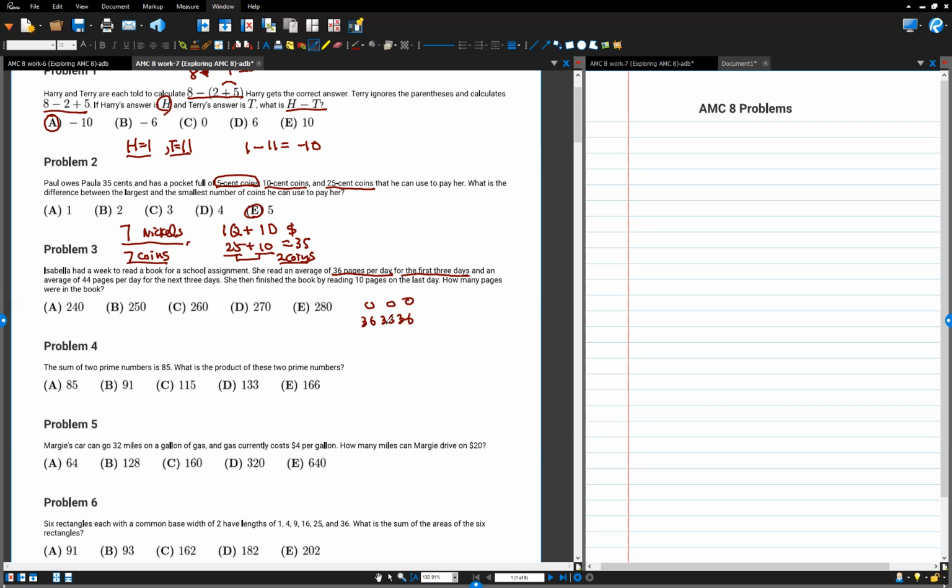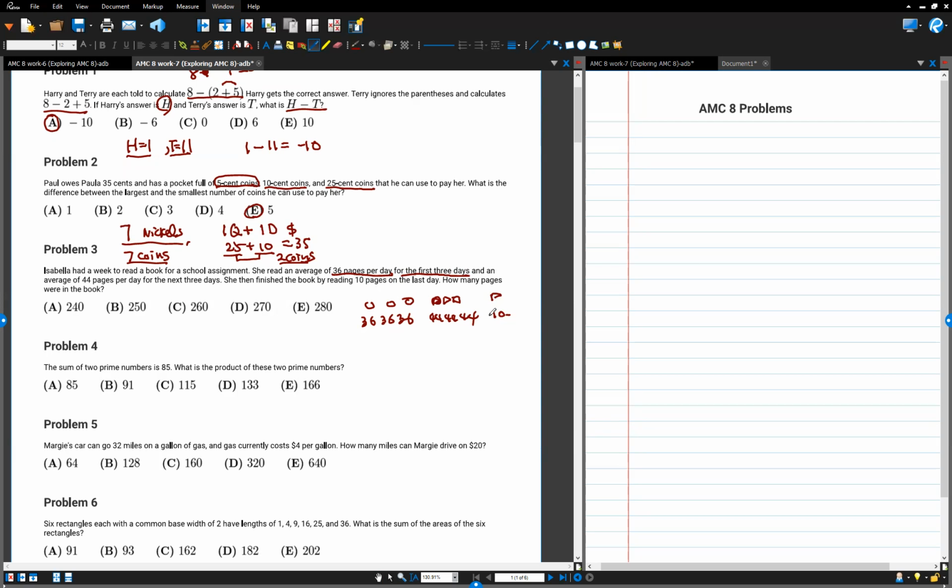The next 3 days, she read 44, 44, 44. And then she finished the book by reading 10 pages on the last day. How many pages were in the book?